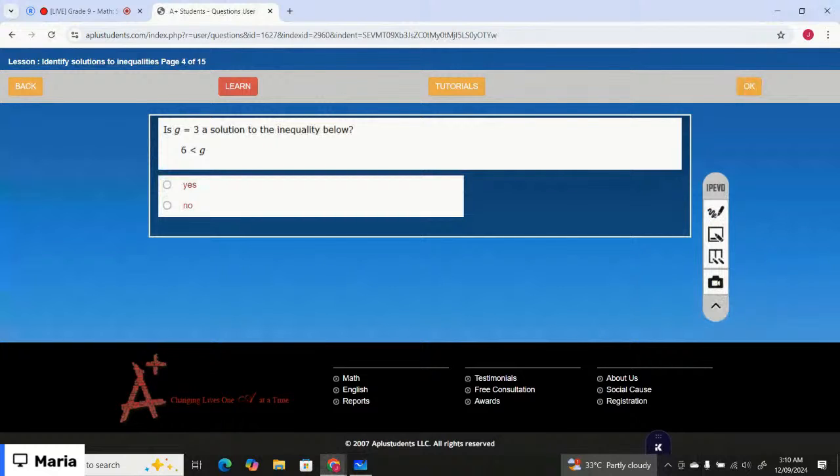Okay, is g equals 3 a solution to the inequality below? Which is the correct option?